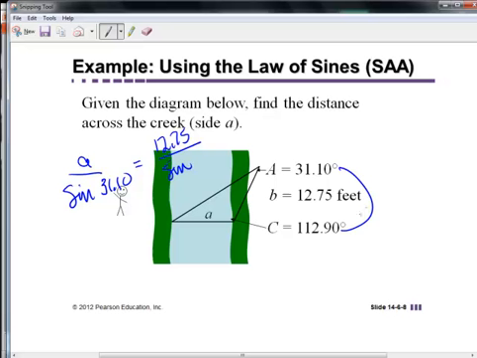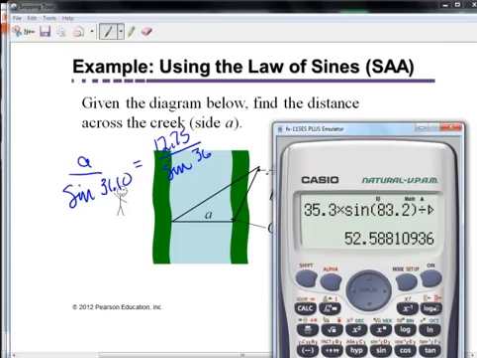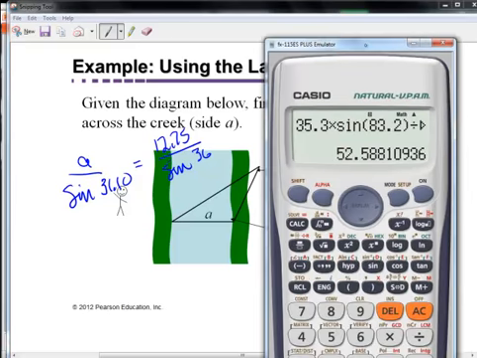So these two add up to 144. 180 minus 144 is 36. So sine 36. And let's get out our calculator and cross multiply and divide.